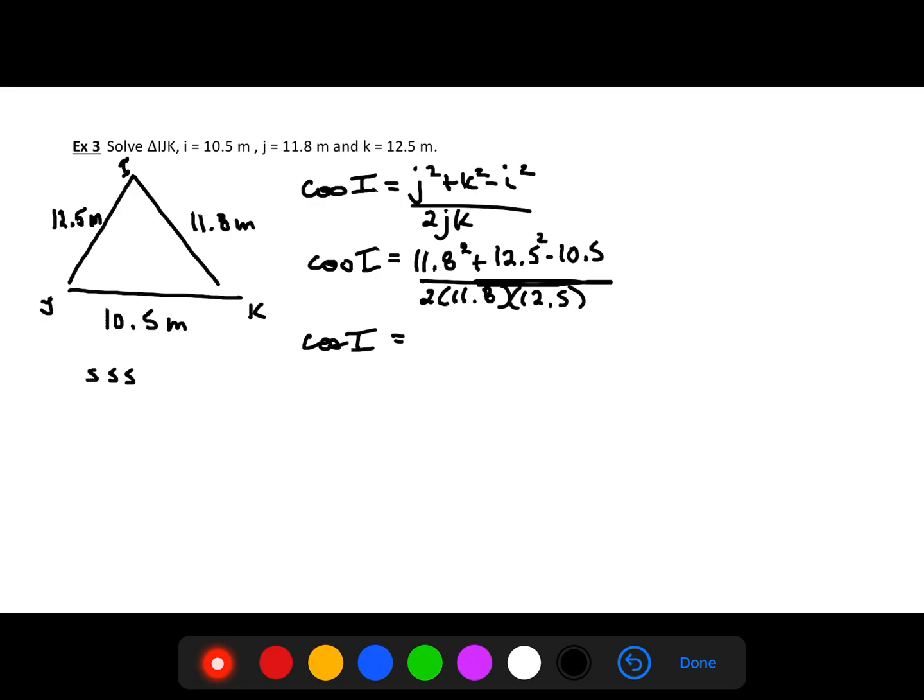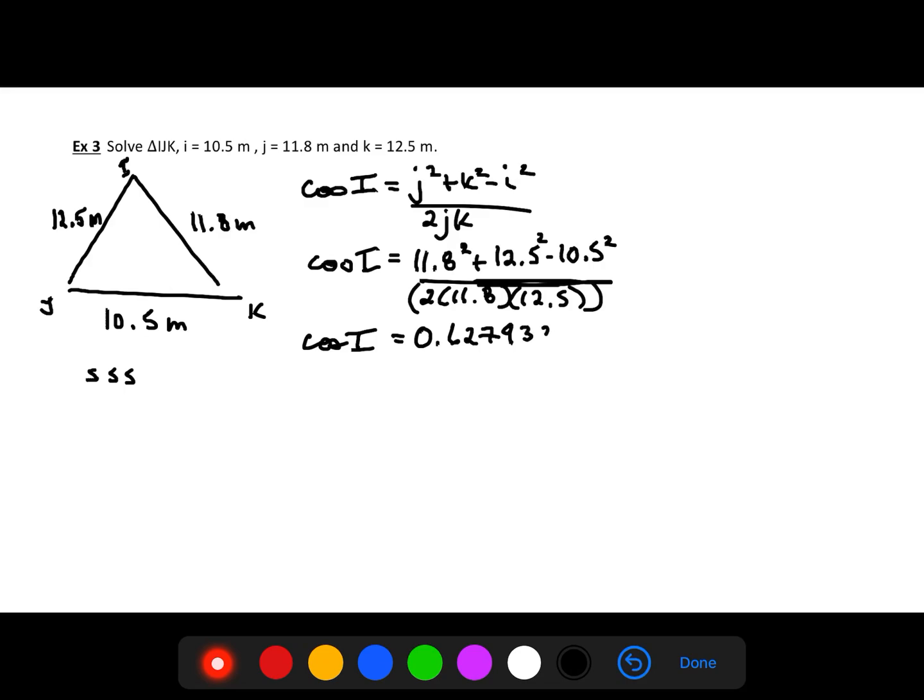And we are going to do our inverse cos. So cos of I, finding our ratio first, 11.8 squared plus 12.5 squared minus 10.5 squared equals, divided by bracket 2 times 11.8 times 12.5, end bracket equals.